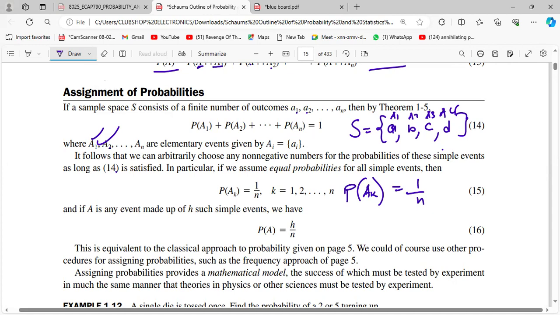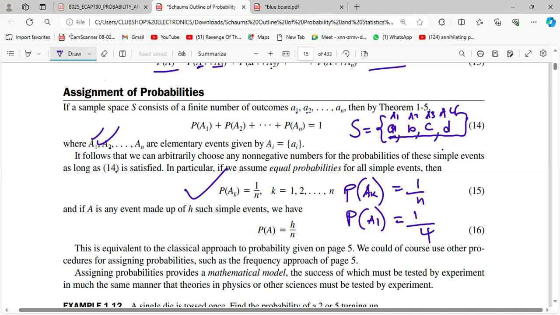meaning that the probability of A1 k in this case may be equal to how many times do we have this A? 1 divided by how many entries we have. Therefore, what we mean is k can take the form of natural numbers from 1 all the way up to n, depending on how many entries you have.